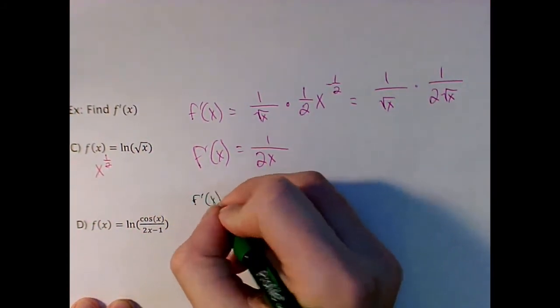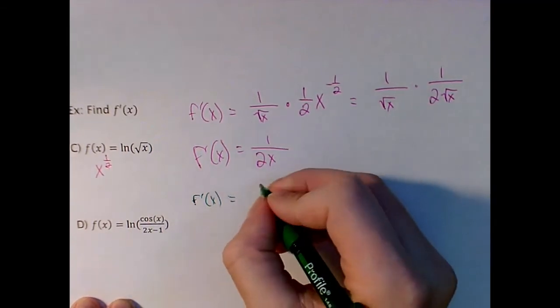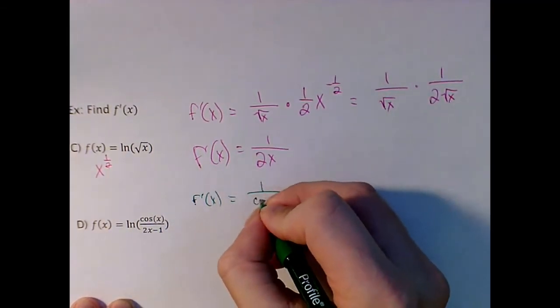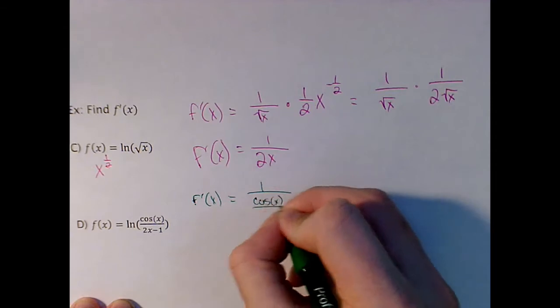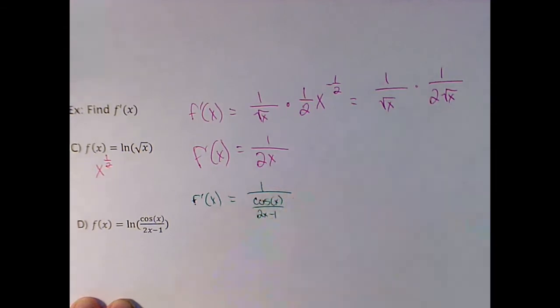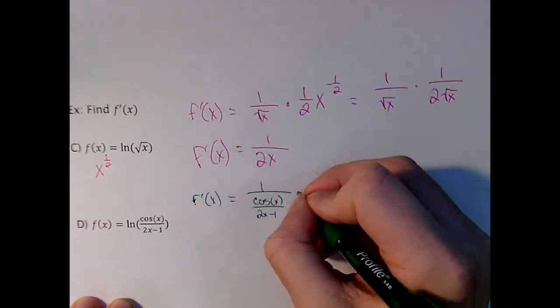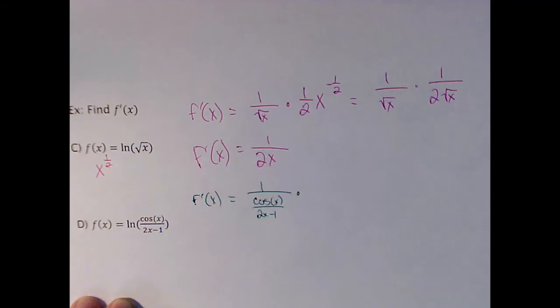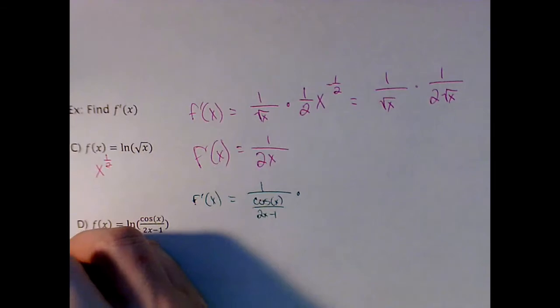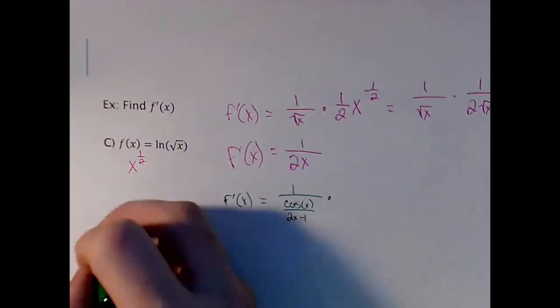F prime of x is going to be the derivative of the outside stuff, keep the inside stuff, cos x over 2x minus 1, multiplied by the derivative of the inside stuff. Again, we have quotient rules. So I'm going to let u equal cos x.